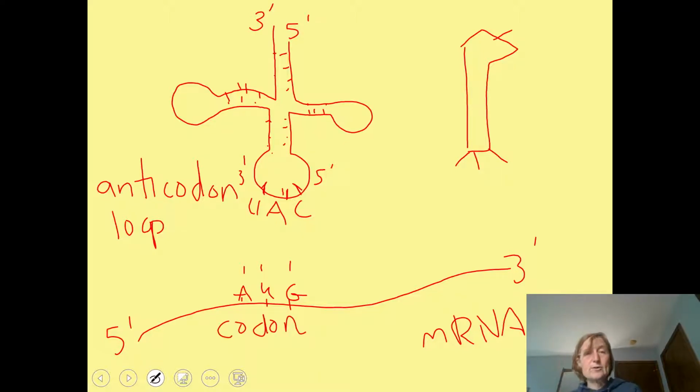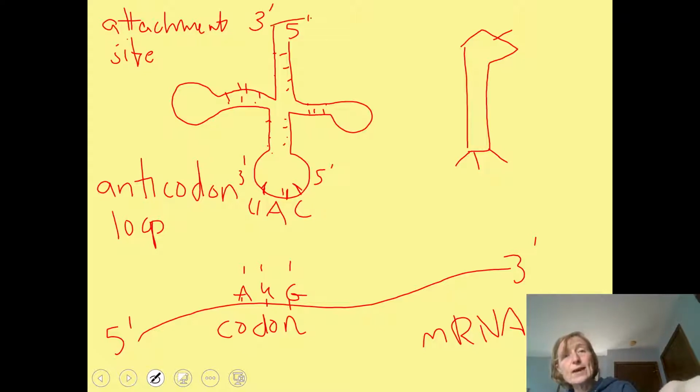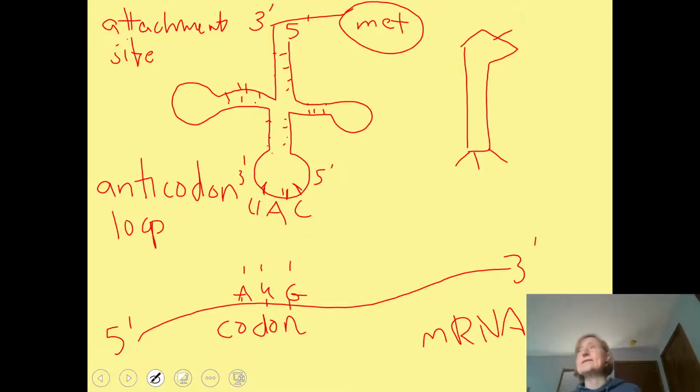In addition to the anticodon loop, there is what's called an acceptor stem or an attachment site. Let's call it an attachment site for amino acids. At the 3' end of the molecule, an amino acid will attach itself to this tRNA molecule, and that amino acid is the one that our anticodon loop codes for. Now, let me see. This tRNA molecule recognizes the codon AUG.